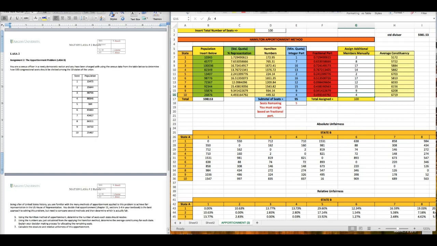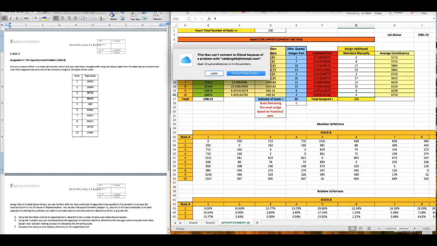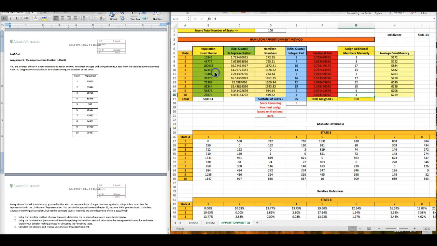All right, so what I want to bring in next is the notes that I have in our course so that I can go over that average constituency thing again, and make sure that you understand where these calculations below come from.